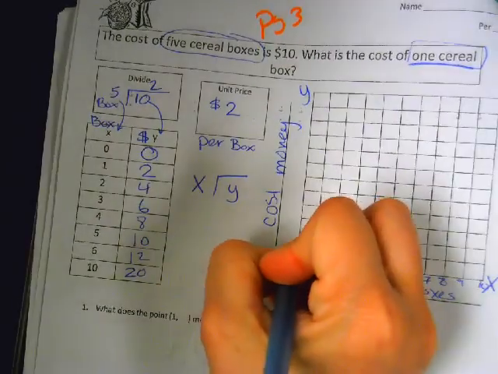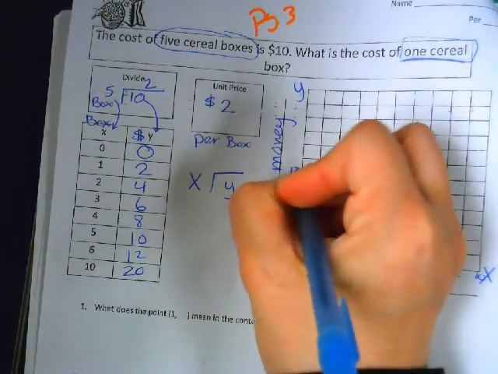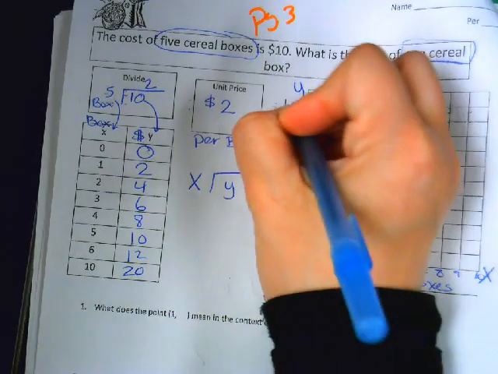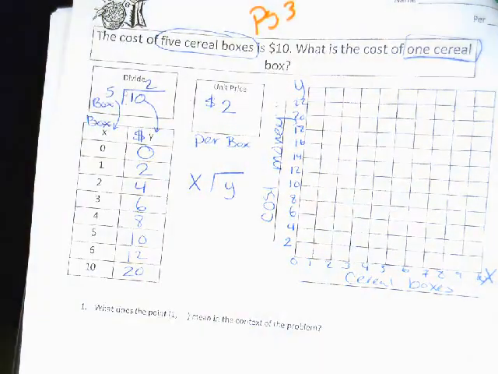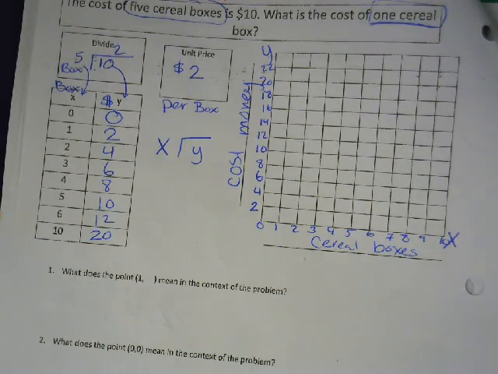So I'm going to go up by 2s: 2, 4, 6, 8, 10, 12. If you are creating it, you can go up by whatever you want. We can go up by 5, we can go up by 1. Well, what's the best number to use? 2s, because your table is going up by 2s.